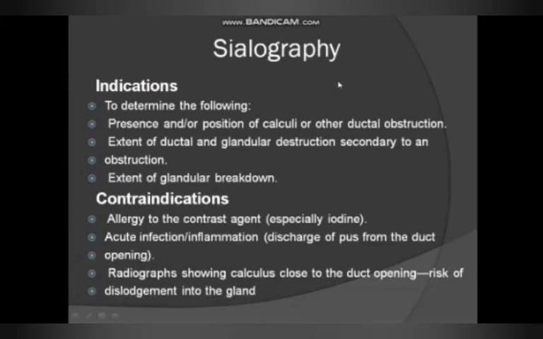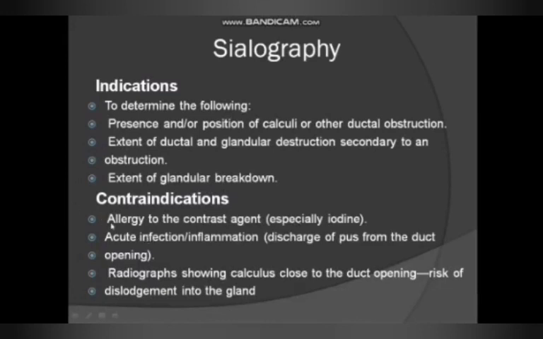We have here a brief talk about the indications and contraindications of sialography. We use sialography to determine the presence or position of calculi or other ductal obstruction, the extent of ductal and glandular destruction, and the extent of glandular breakdown.